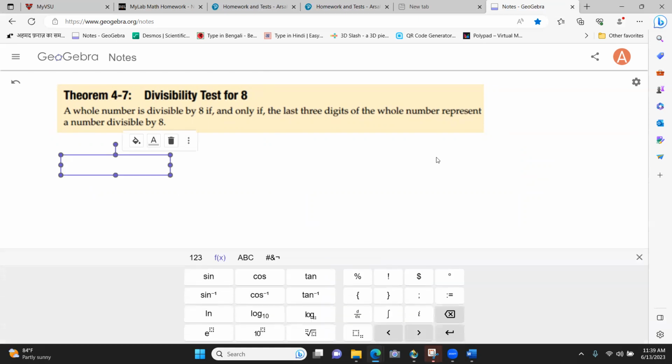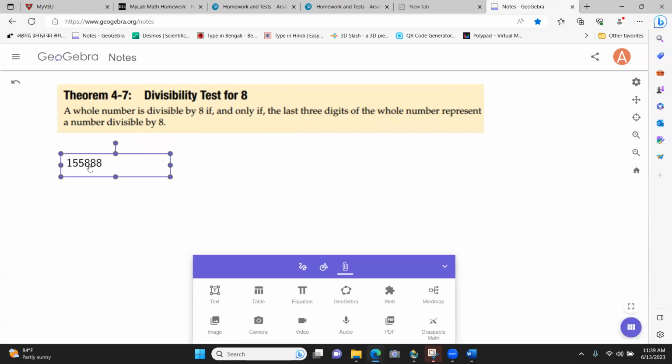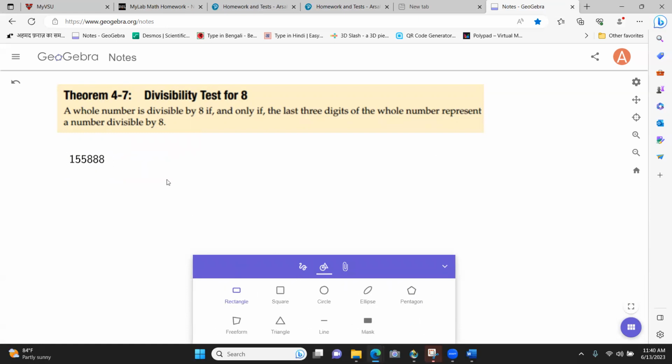Take a large number. Okay. Now, I am only concerned about 888, the last three digits. Okay. Clearly, 888 is divisible by 8, isn't it?